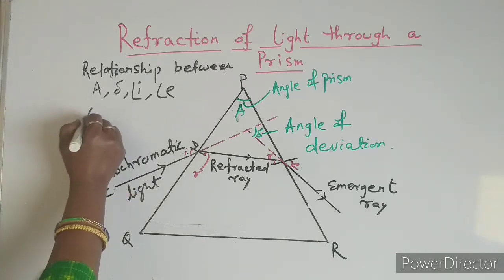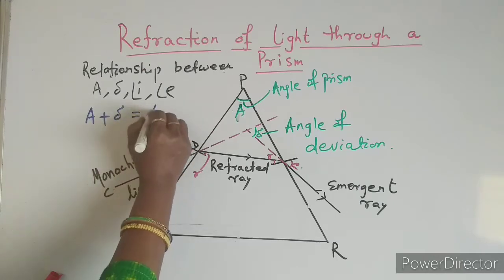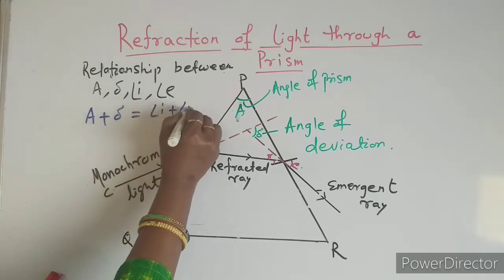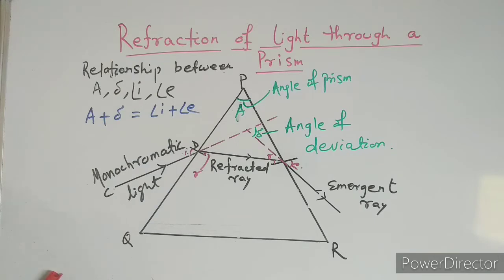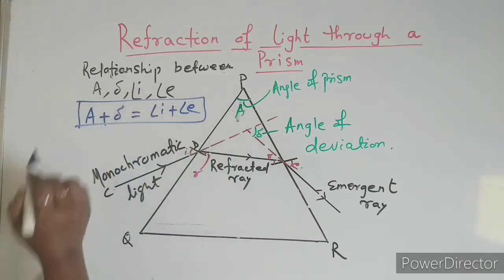The relation is A plus delta is equal to I plus E.